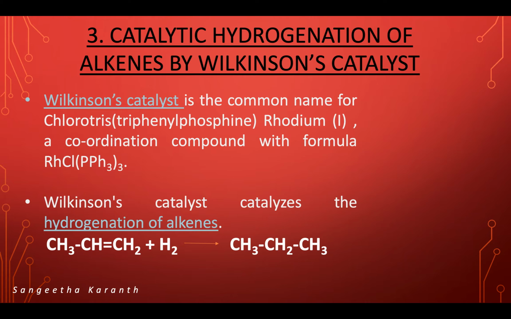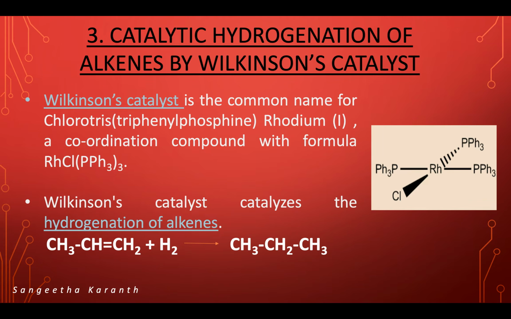So that was about the first two complexes which are used for different purposes. Next, coming to the catalytic hydrogenation of alkenes by Wilkinson's catalyst. This catalyst, which is a coordination compound, is called Wilkinson's catalyst. The name of this catalyst is chloro, as it has a chloro ligand, tris triphenylphosphine.